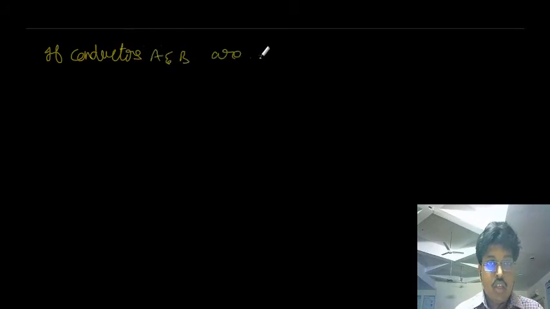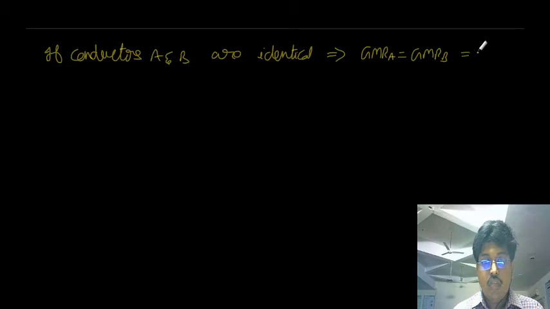Now, if conductors A and B are identical, this implies GMRA is equivalent to GMRB, which is assumed as GMR. If the two conductors A and B are identical, that means both the conductors have the same substance and equal values. So both conductors A and B have equal GMRs: GMR A equivalent to GMR B equivalent to GMR.